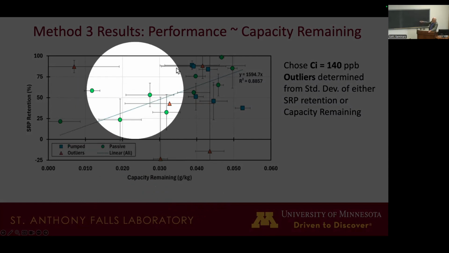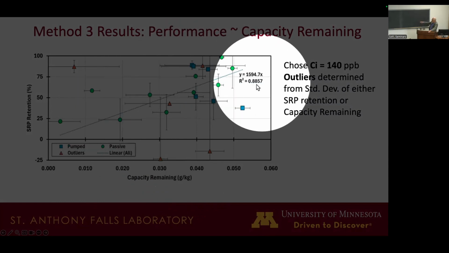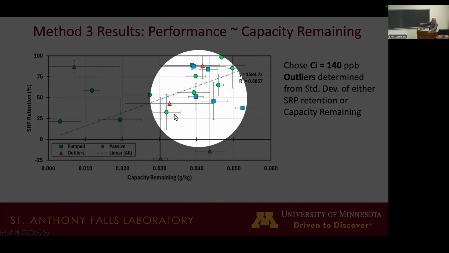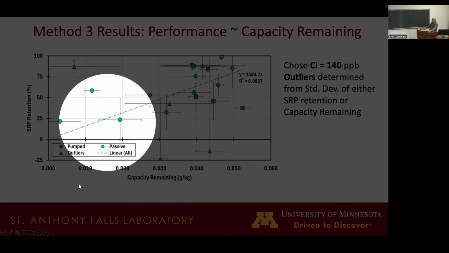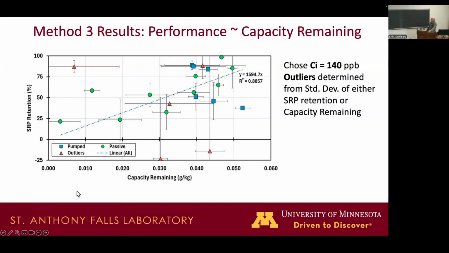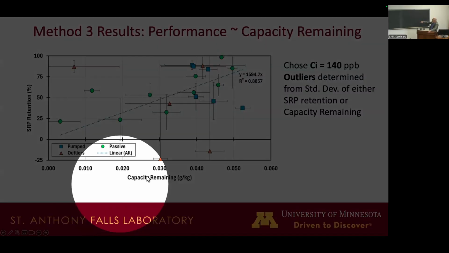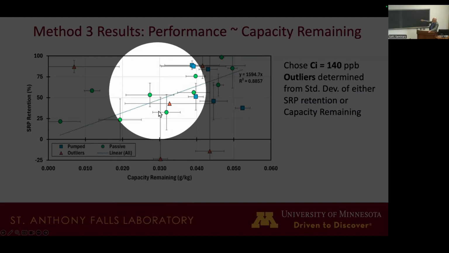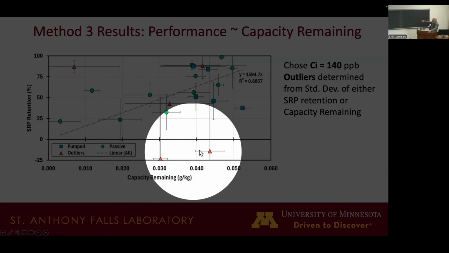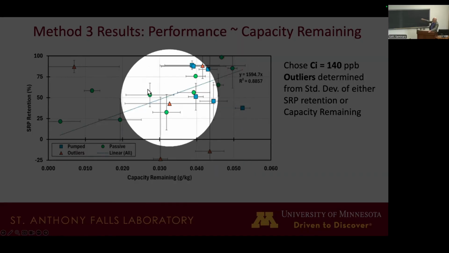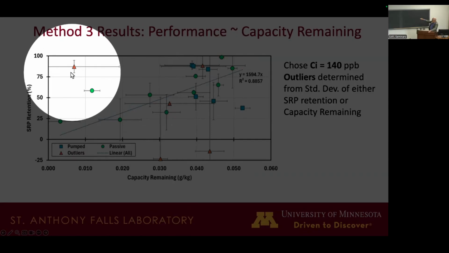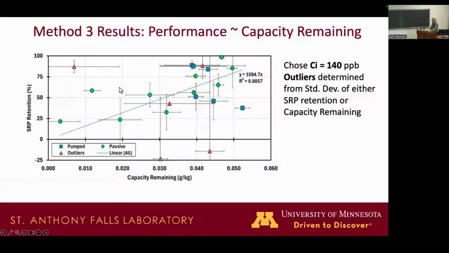So here's the data. It has a high R squared, 0.88, and it has a pretty good spread down here. There are some outliers. Again, the outliers were determined by a high uncertainty in the media. You can see this one here has a high standard deviation. This one has a high standard deviation. And this one has a high standard deviation in terms of the capacity remaining.